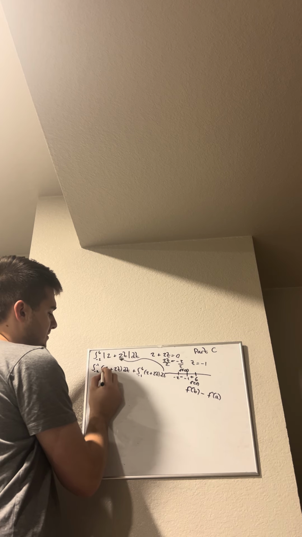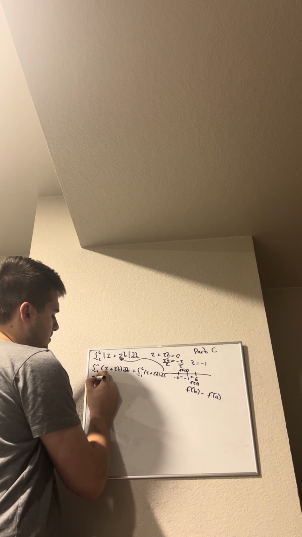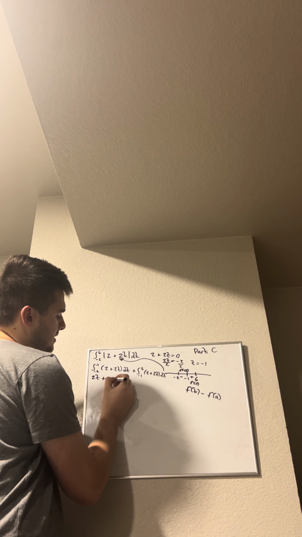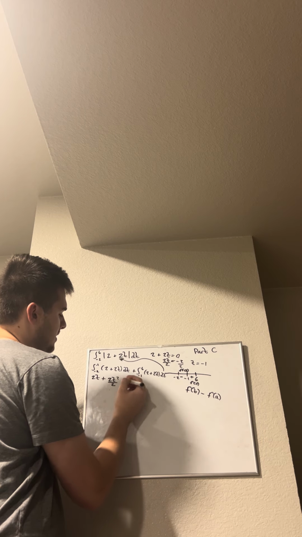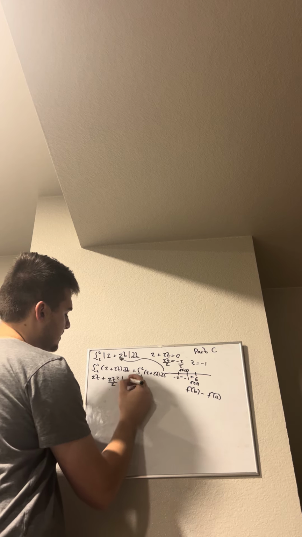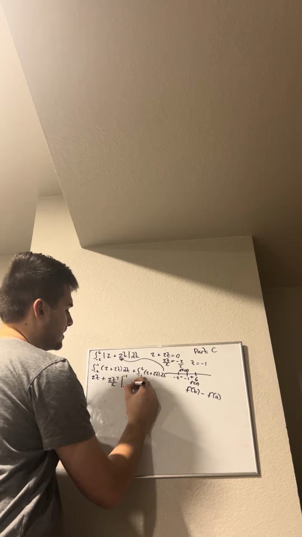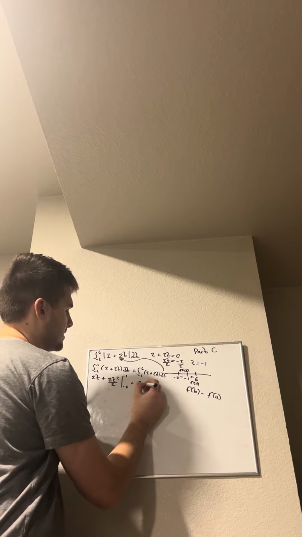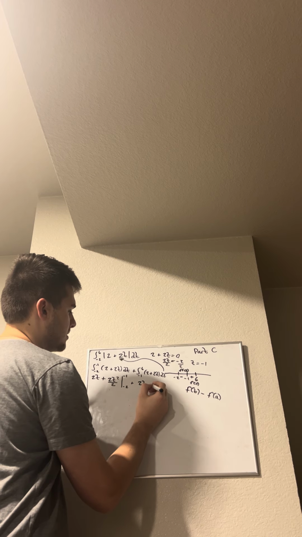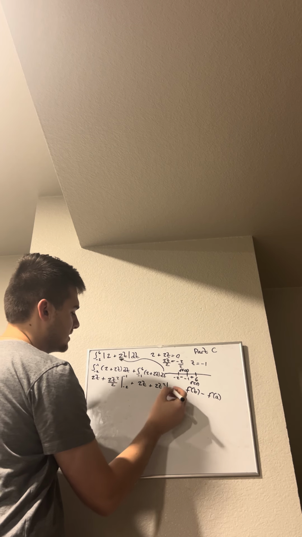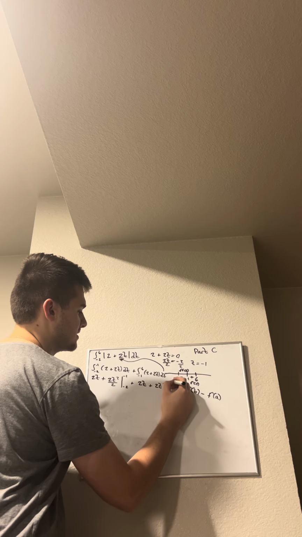The antiderivative of this would just be 2t plus 2t squared over 2, with the definite integral from -2 to -1, and then plus 2t plus 2t squared over 2 with the definite integral from -1 to 6.